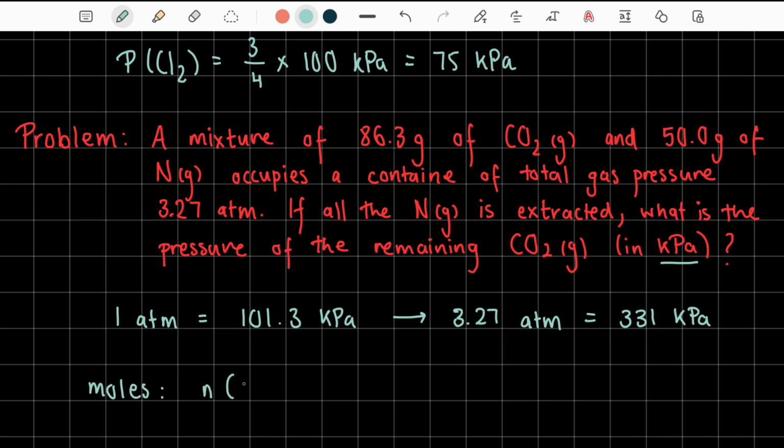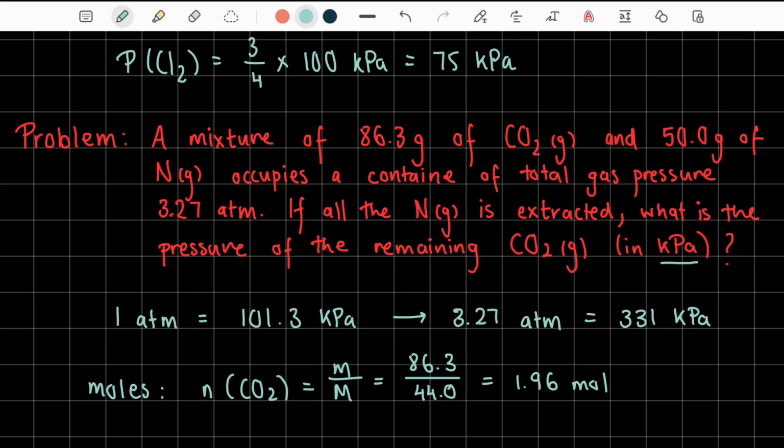The moles of CO2 is going to be the mass divided by the molar mass, right? So this is going to be 86.3 grams divided by your molar mass of CO2, which is 44 grams per mole, right? So this gives us 1.96 moles.